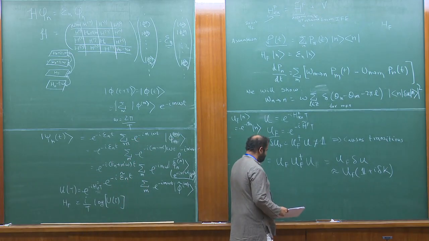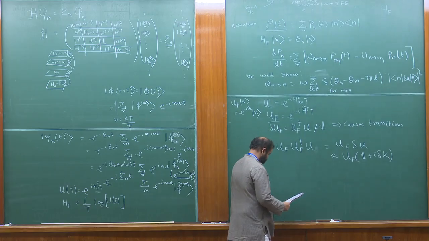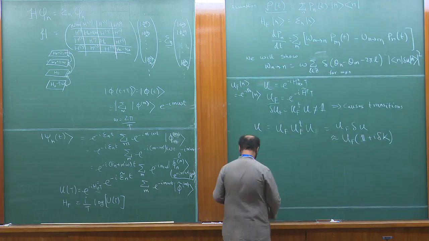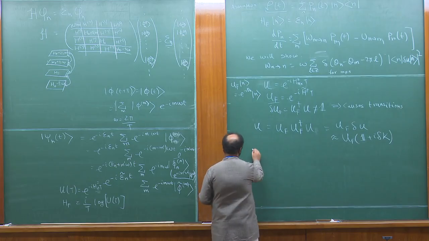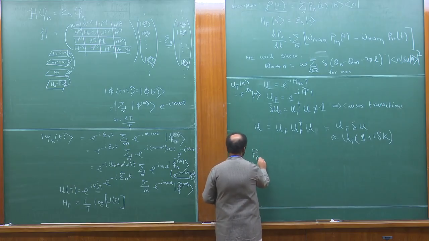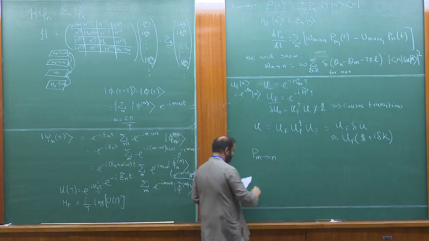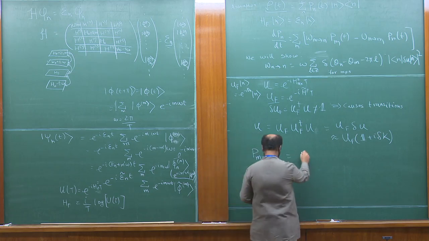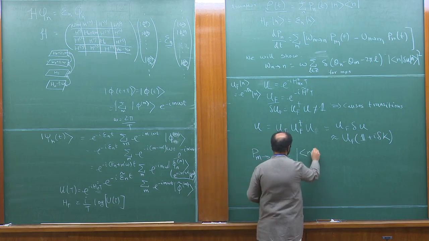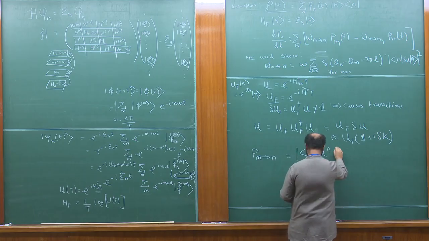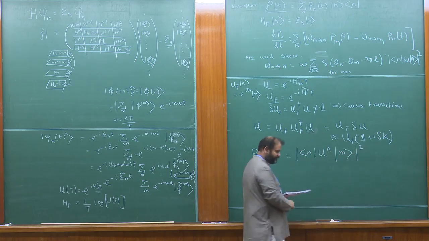What is P m going to n? This is essentially the modulus squared of U to the power N, n m.